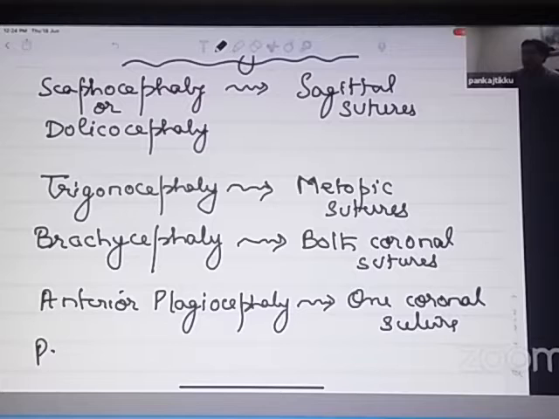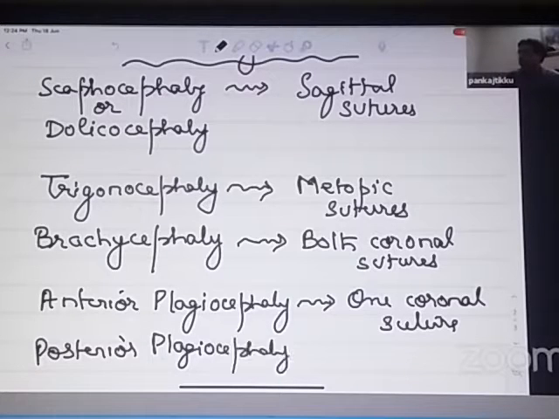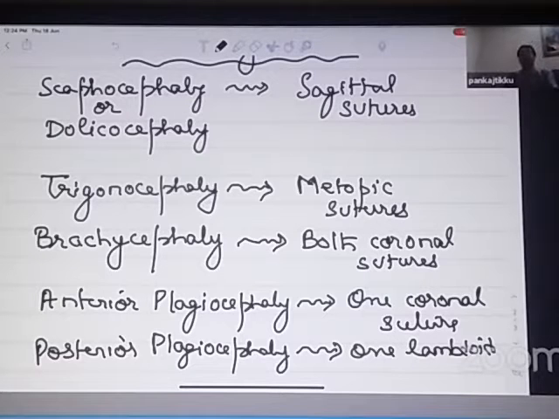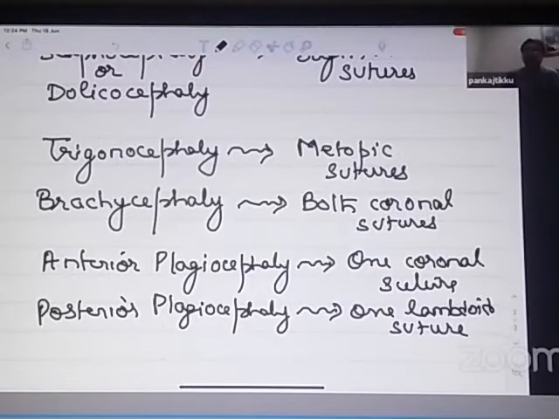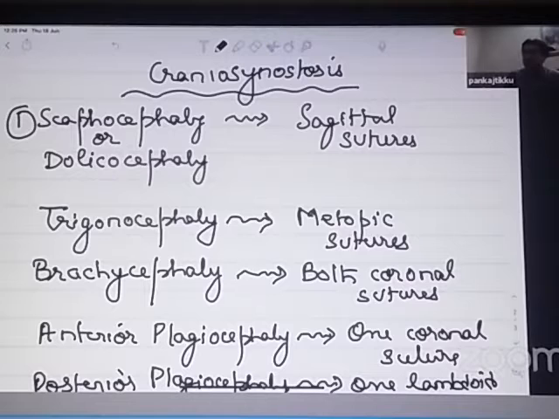And posterior plagiocephaly, premature fusion of one lambdoid suture. So these are the types of craniosynostosis that you should know. Scaphocephaly number 1, trigonocephaly number 2, brachycephaly number 3, anterior plagiocephaly number 4, and posterior plagiocephaly number 5.